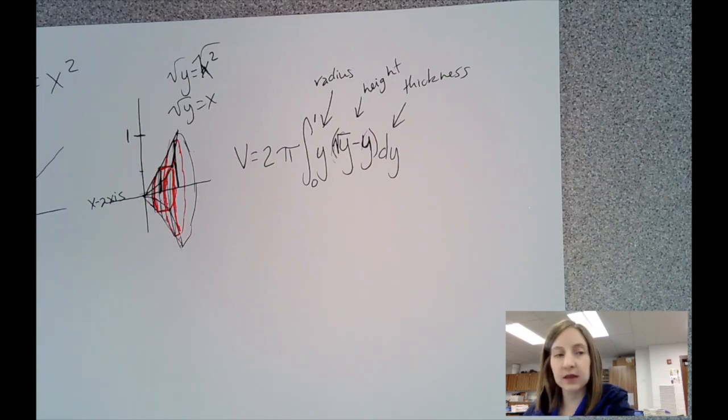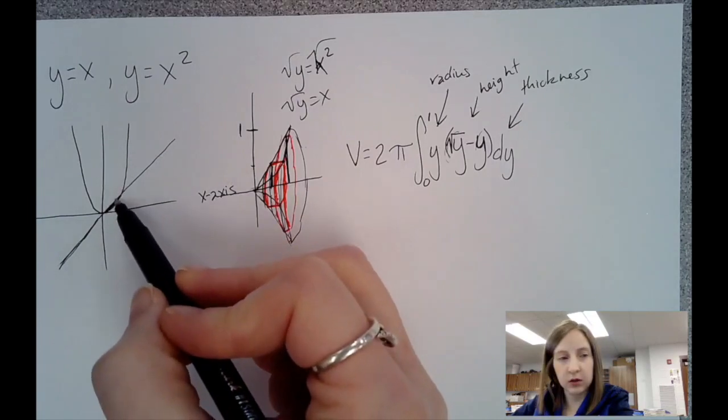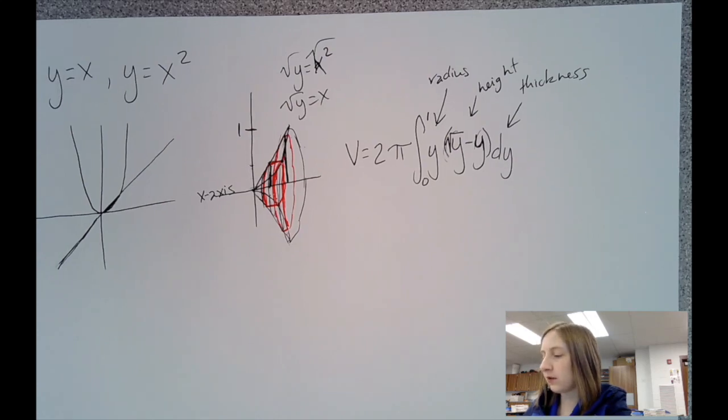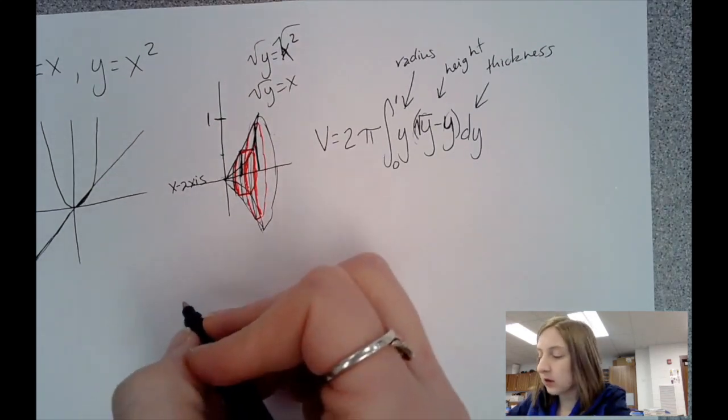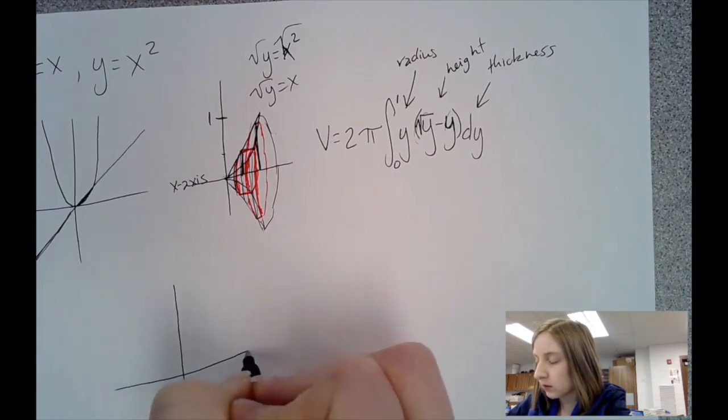So let's take that same area and that same little piece of shape right here, y equals x and y equals x squared, that area between those two curves, and this time let's revolve, instead of revolving around the x-axis, let's revolve around the y-axis.